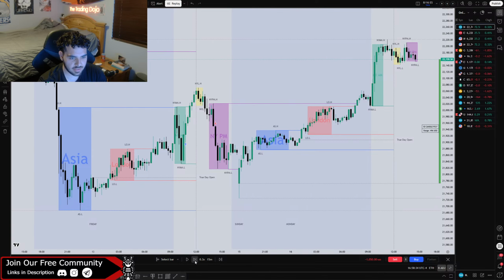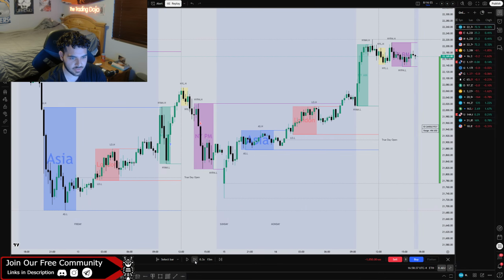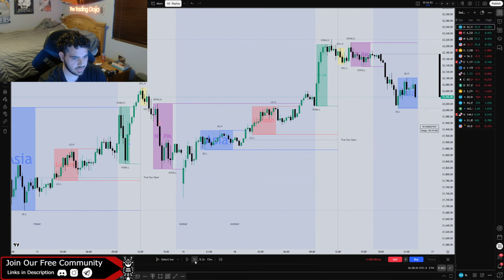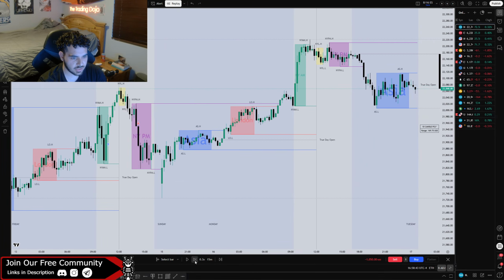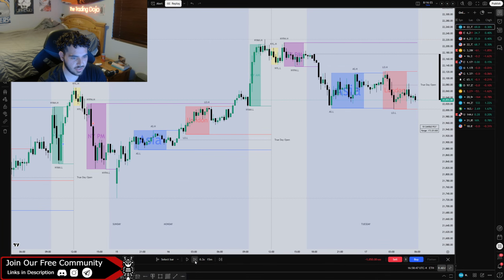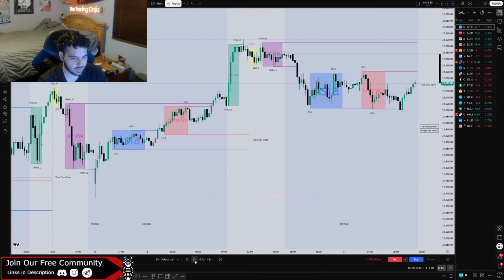And honestly, guys, this is kind of the reality of trading right now. We're not getting a ton of nice ranges or a ton of expansion. It's very deceiving where price is going right now.